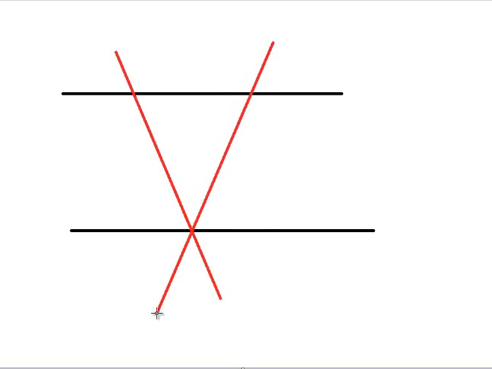So for example, if I have something like this, and I told you, for example, that this was 2x, and this is x, let's say I told you this angle was twice as much as this angle, and for example, I told you that this was 50, let's say, you should be able to get everything else relatively easily.